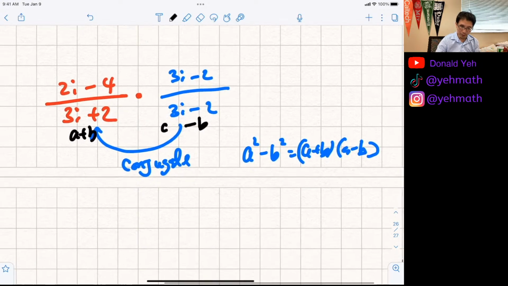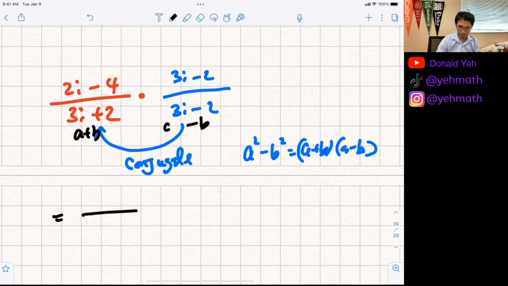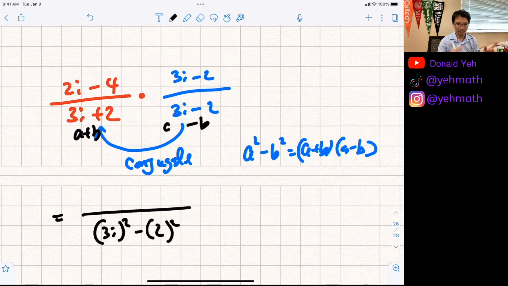So if you pay attention, there is a plus b here and a minus b here. So the result is going to be a squared minus b squared. So it'll be 3i squared minus 2 squared. That is the distributing part of it. On the top, you have to distribute it.